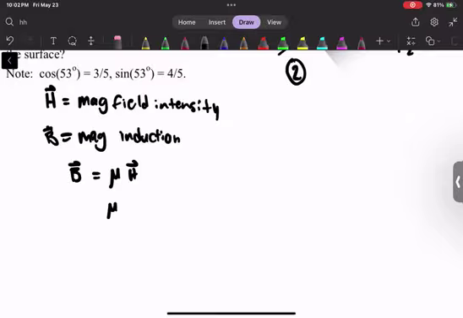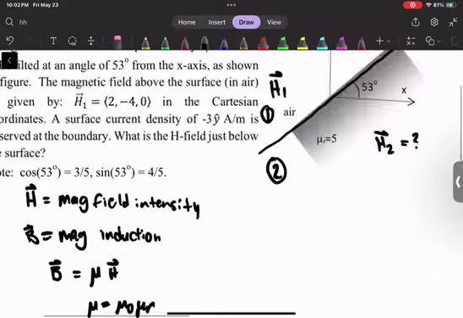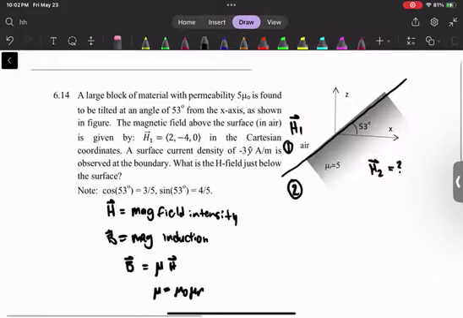So mu equals mu naught mu r. We know that there are two boundaries with two different materials, one in air and one with mu r of 5, which is given as 5 mu naught.